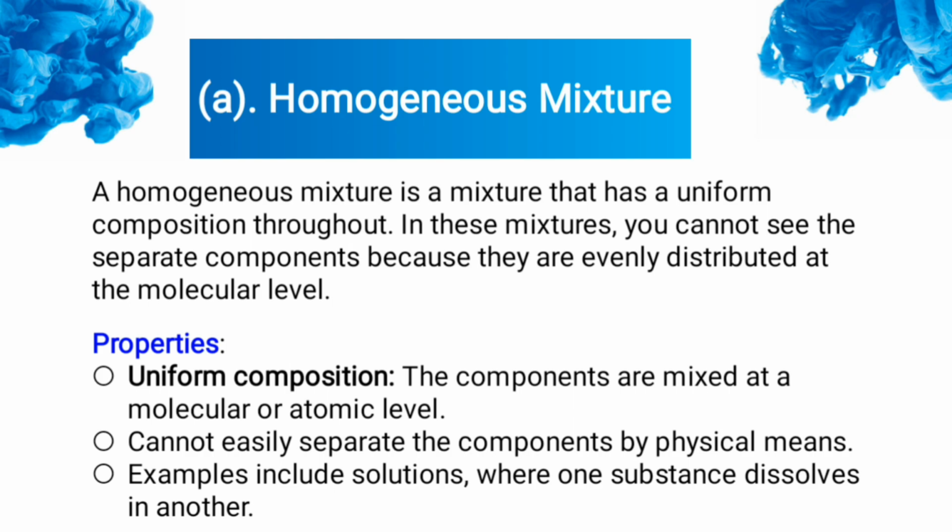Properties of homogeneous mixtures: uniform composition. The components are mixed at molecular or atomic levels and cannot easily be separated by physical means. Examples include a solution where one substance dissolves in another.